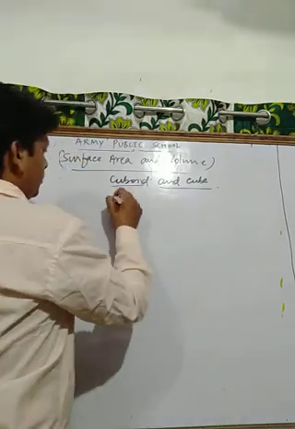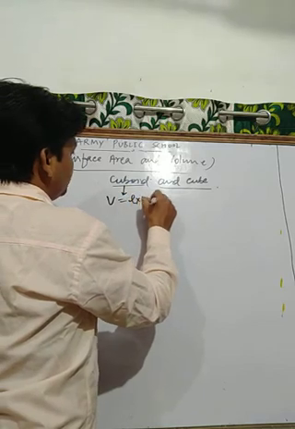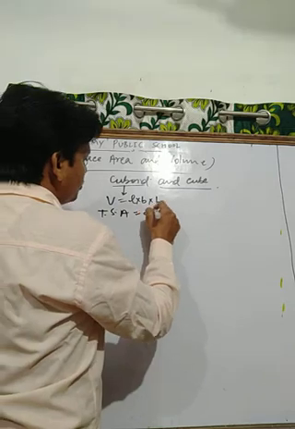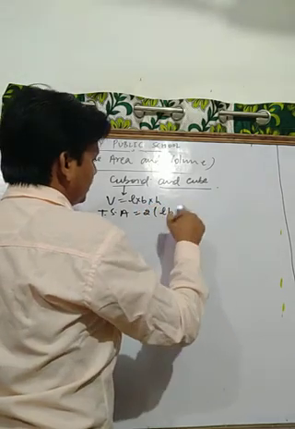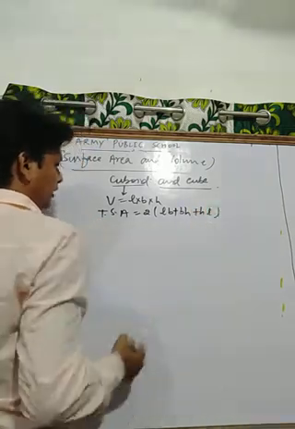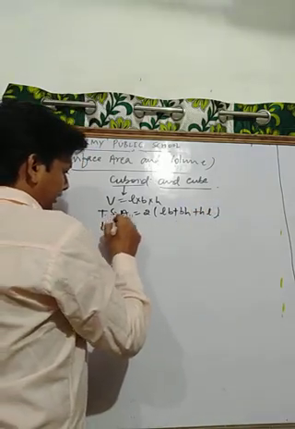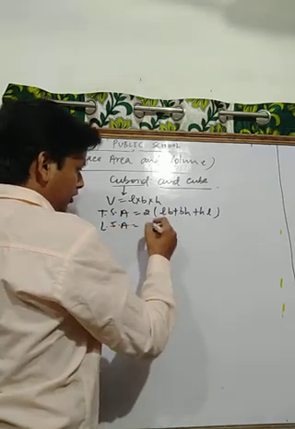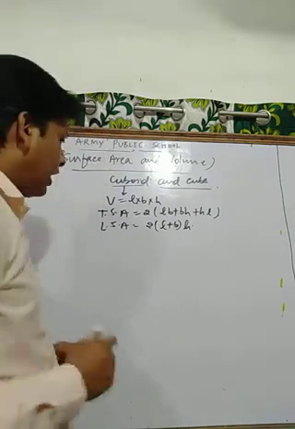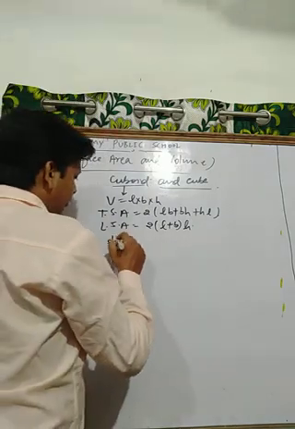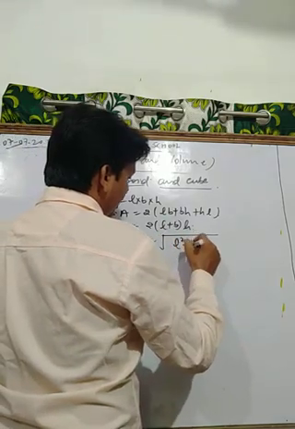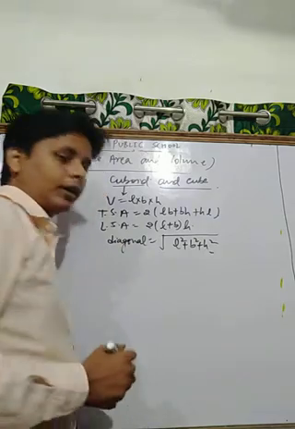volume of a cuboid is length into breadth into height, and the total surface area of a cuboid is 2 into length into breadth plus breadth into height plus height into L. We discussed the lateral surface area of the cuboid, which is 2 into length plus breadth into H, and we also discussed the diagonal of a cuboid, which is the square root of L square plus B square plus H square.